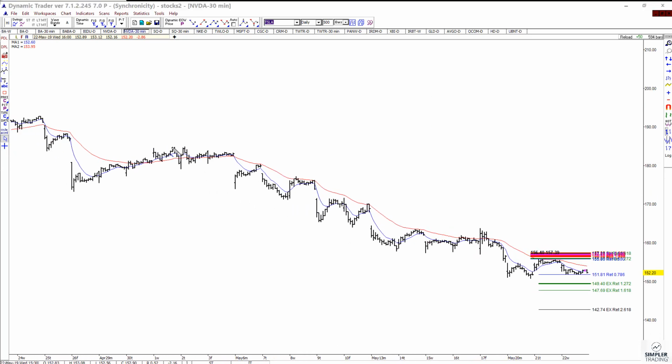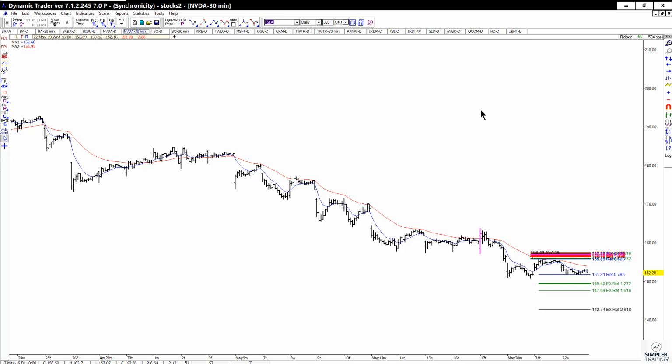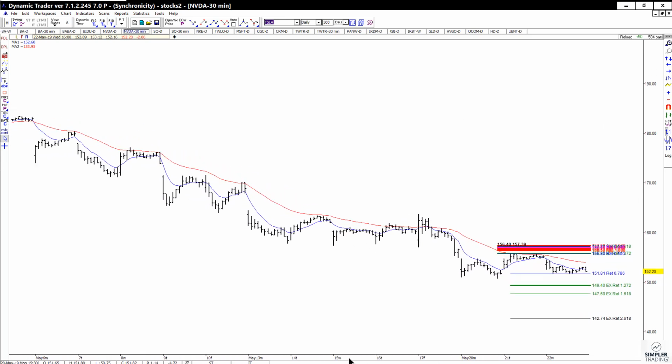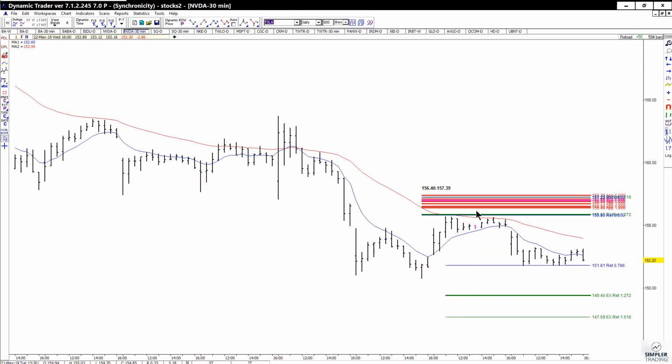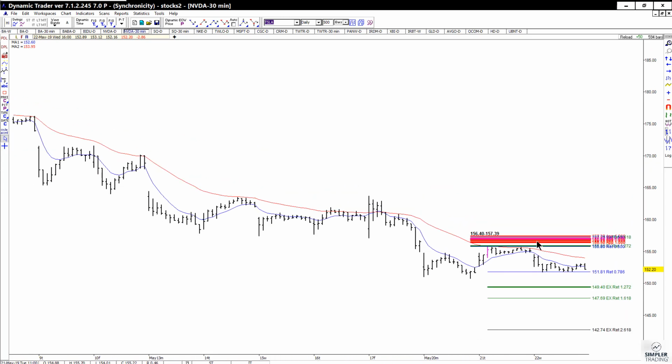So for example, with this last swing down, I take all of these prior rally swings, project them from the new low, and that's going to give us the possible resistance until we can clear that, because notice we did not clear that recently. You weren't able to get above this 157.39 area. So until you get above that, you have to still consider that this is a bearish trend.